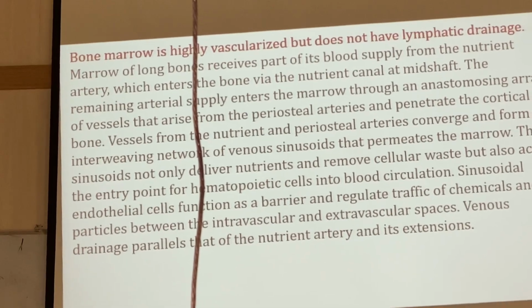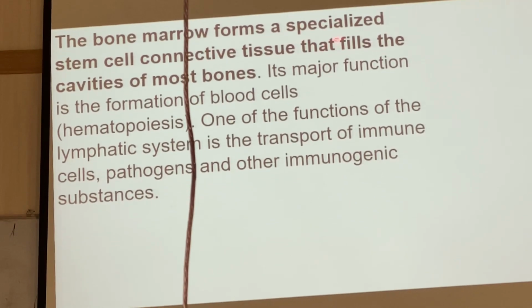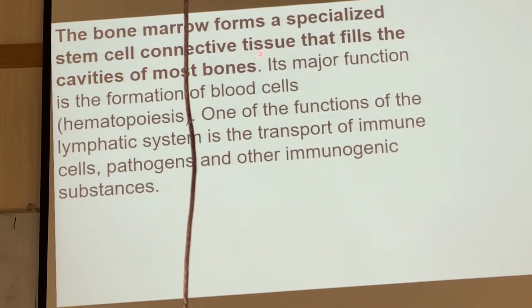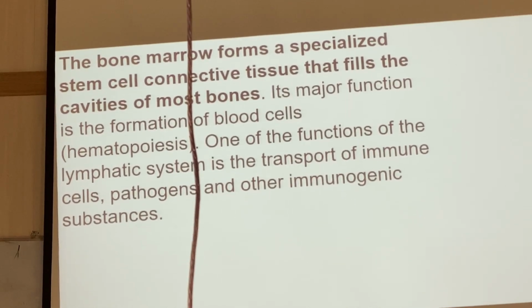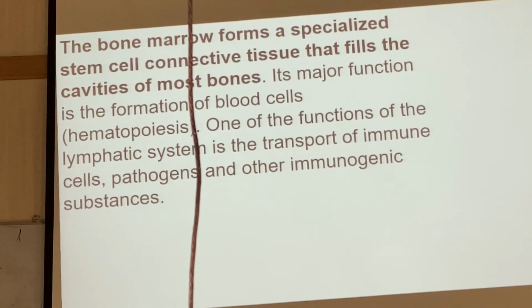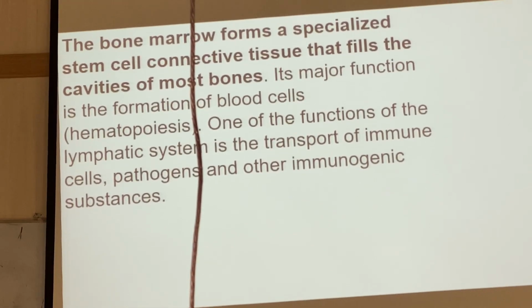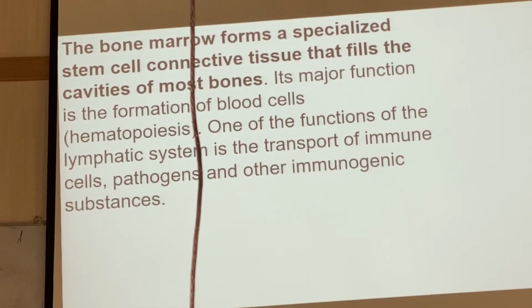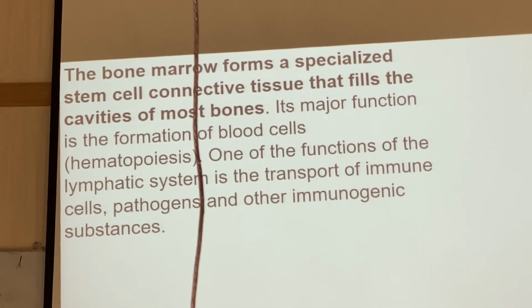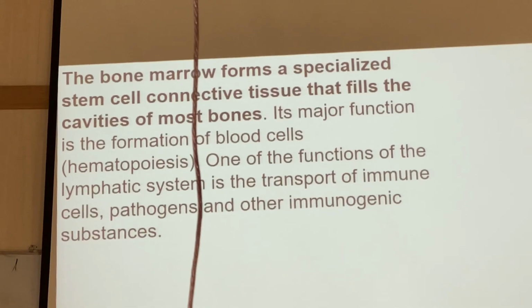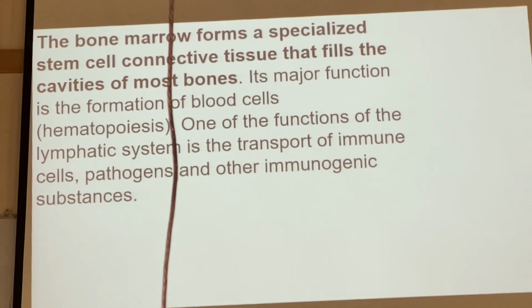Now, in this case, the bone marrow forms a specialized soft cellular connective tissue that fills the cavities of most bones. Yesterday, when I put the phrase in Google, does the bone marrow have lymphatic drainage? What came out is not the answer to my question, right?